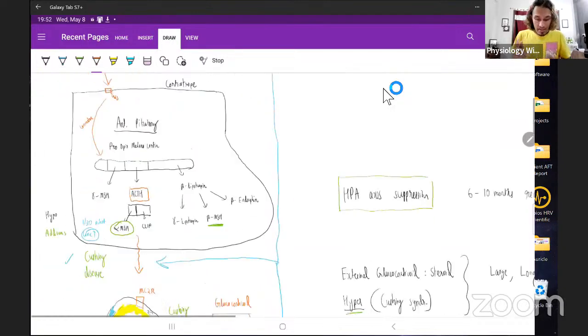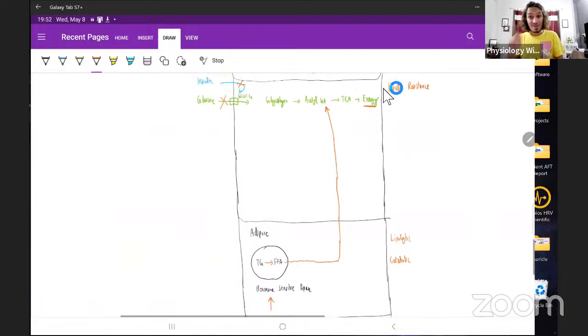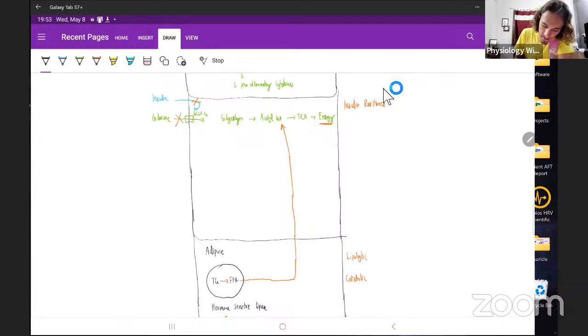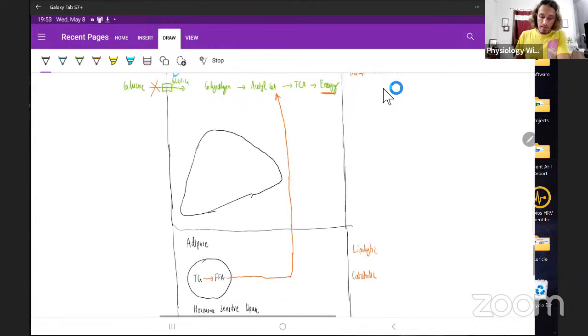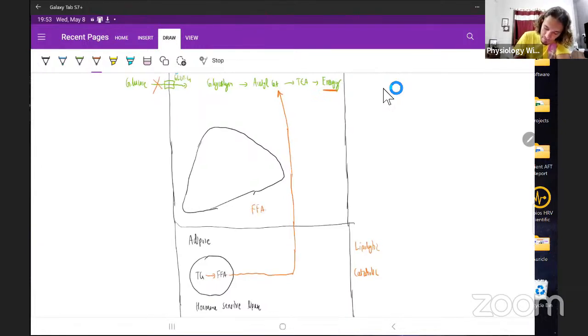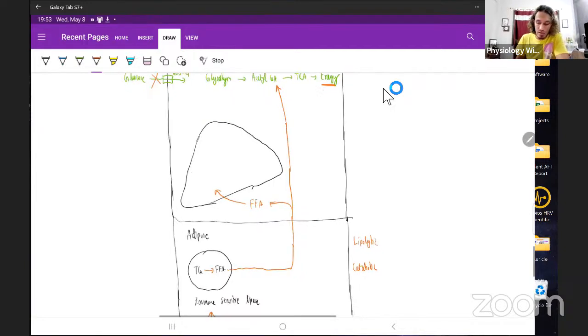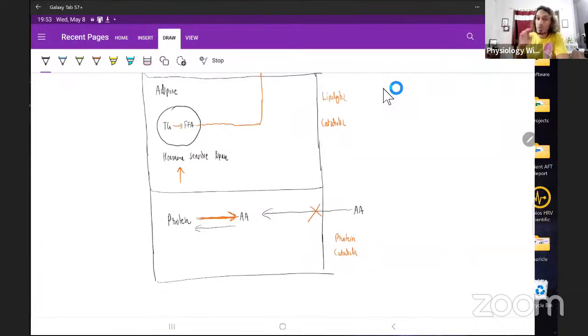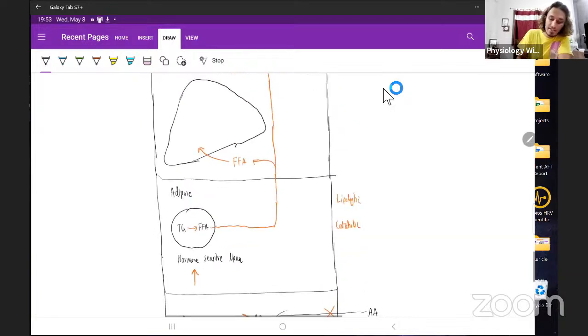Okay. So we are not done yet. So there is a small little organ over here, which is your liver. So the free fatty acid that I was talking about will go into the liver also. Now remember over here, the amino acid uptake into cells is reduced, except in your liver.